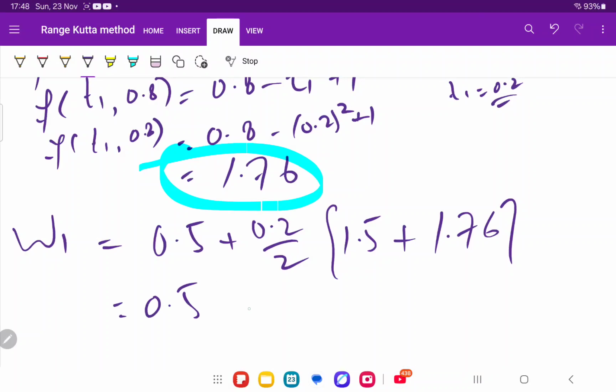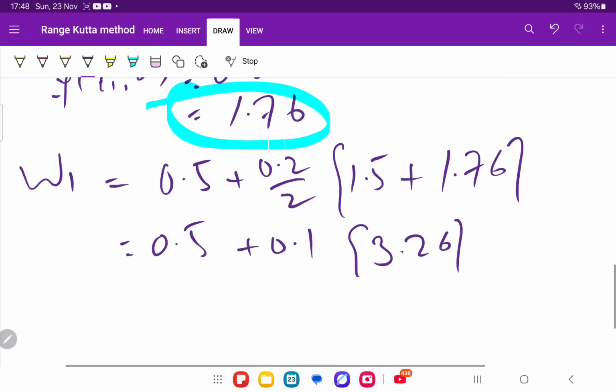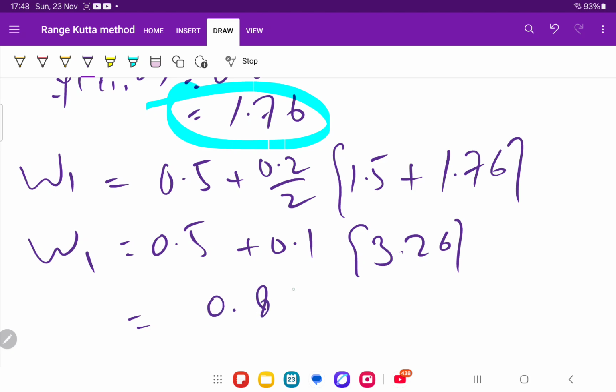So 0.5 plus 0.1 into 3.26. The final answer for w1 is 0.826. That is the first iteration.